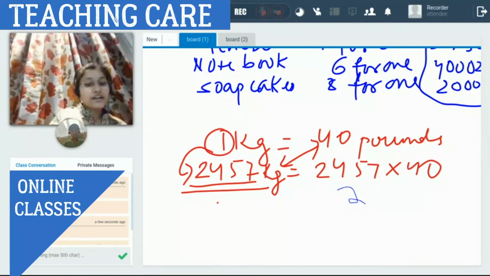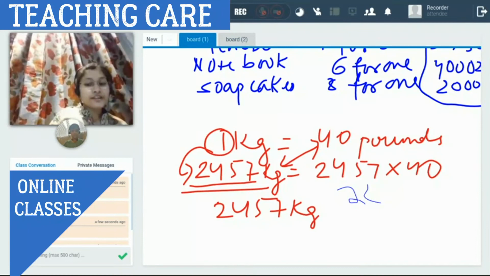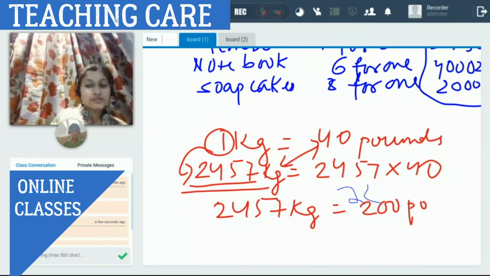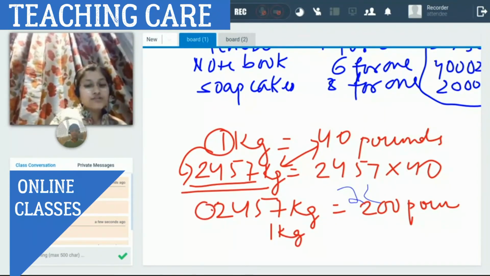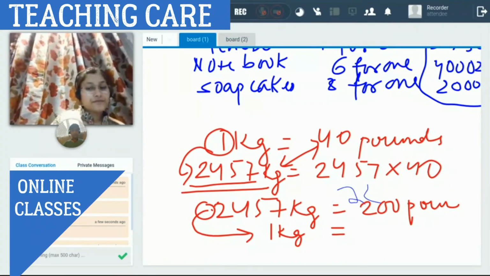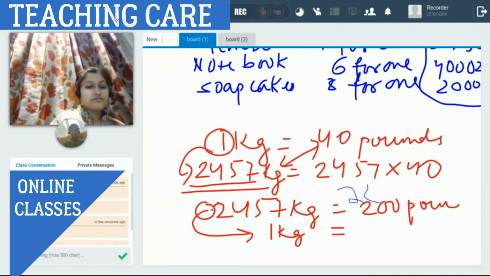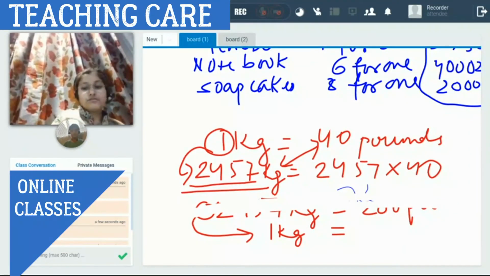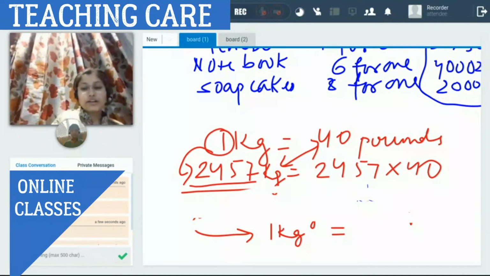And when we have a larger number, like if they have given you that for 2457 kgs the amount is 200 pounds and you have to calculate for 1 kg, then you will divide. So now you are going to multiply 2457 into 40.